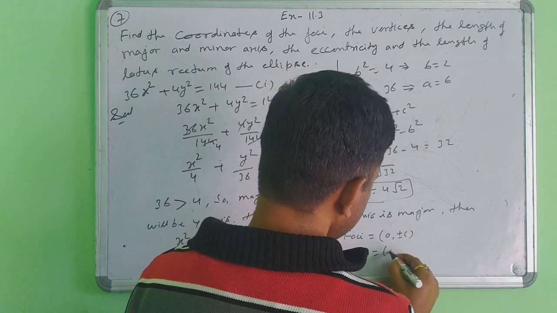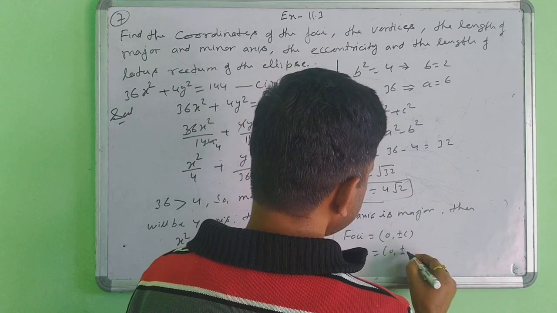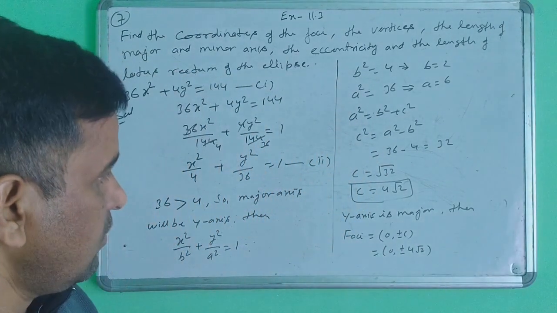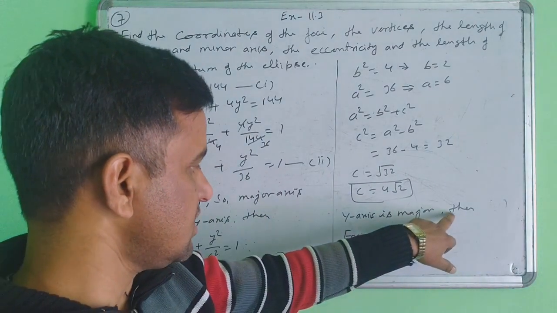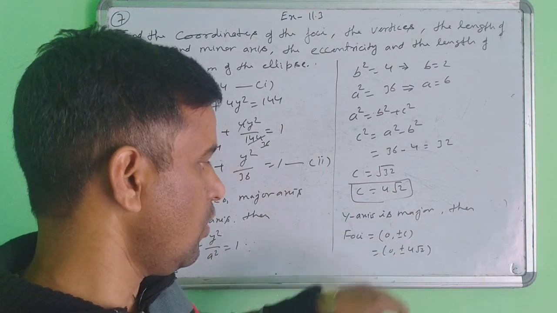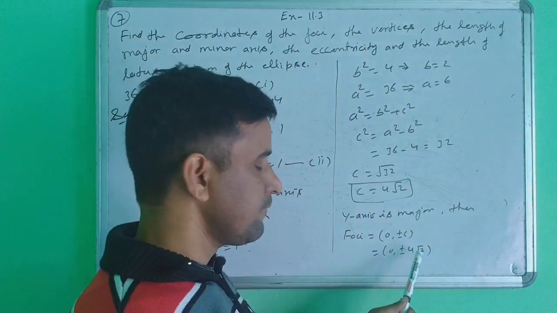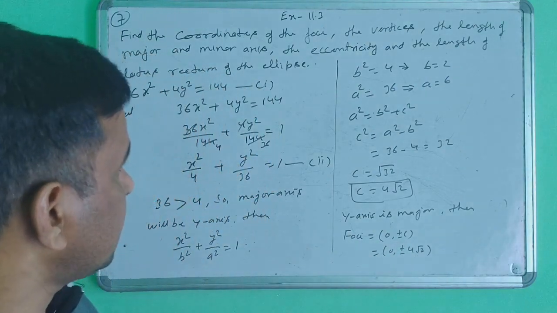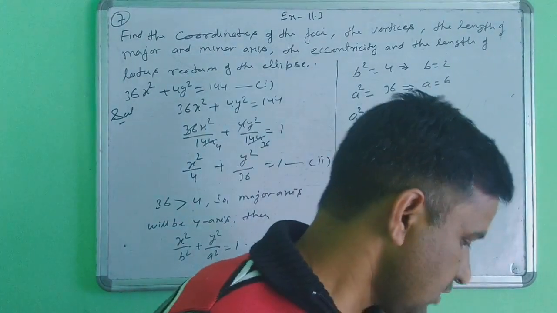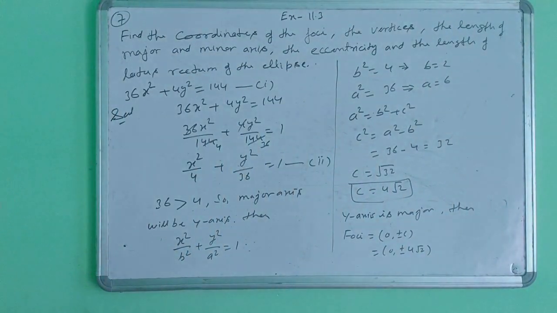That means 0, plus minus c. What is the value of c? 4 root 2. So when the y axis is the major axis, its foci are 0, plus minus c, that means 0 and plus minus 4 root 2. Yes, note it down. Then the next question.